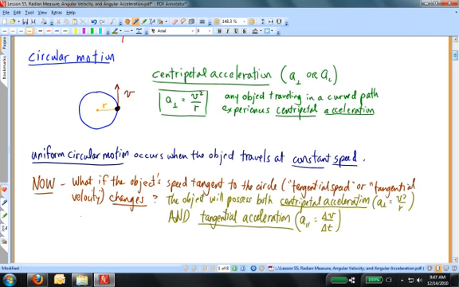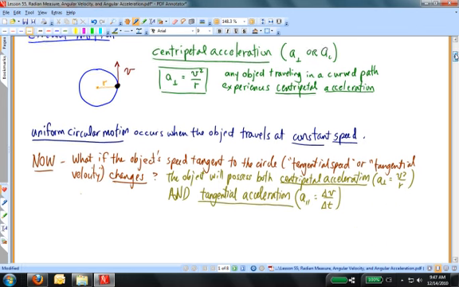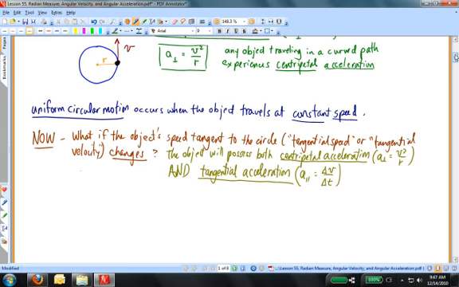But because the object is traveling in a circular path, not only will it possess these two accelerations in which the speed, the distance per time, changes, but it will also possess something called angular acceleration. And what we're trying to do in this lesson is to figure out how to handle these angular variables, things like angle and angular speed and angular acceleration.